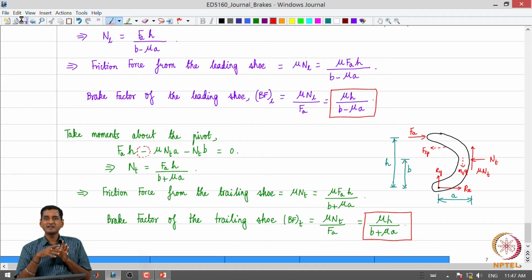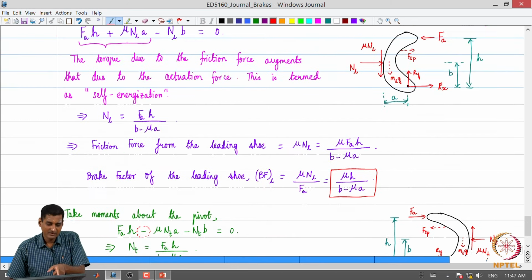Now, I hope it is clear what I meant by larger and smaller. If you compare the expressions for the brake factor of the leading and the trailing shoe, which one would be larger? Obviously, the leading shoe, the reason being the presence of that B minus mu A term in the denominator. What is the physics behind the B minus mu A term in the denominator?